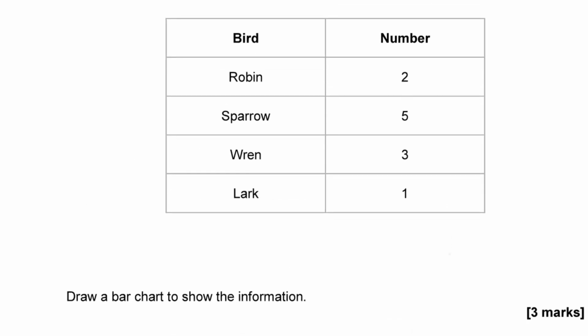Okay, now let's just check what the largest number is on our scale. It's 5. So the highest number I need to go up to is 5. And I've got 1, 2, 3, 4, 5, 6, 7, 8, 9 blocks. So I'm going to use 1 block per number. I want to try and make charts as large as they can on the scale that you're given. If I could have used 2 blocks per number, I would have done, but it wouldn't have fitted in. So I'm just going to use 1 block per number like that.